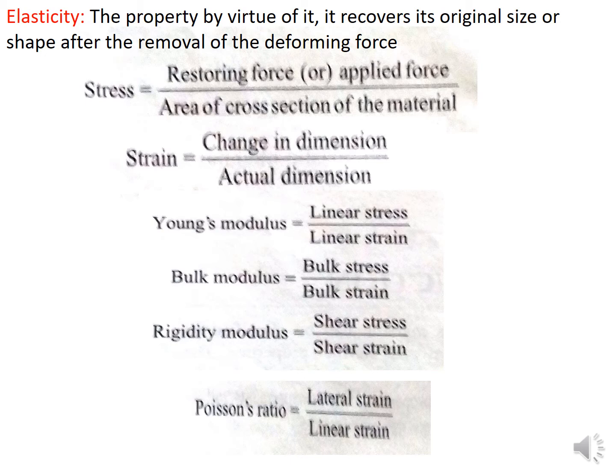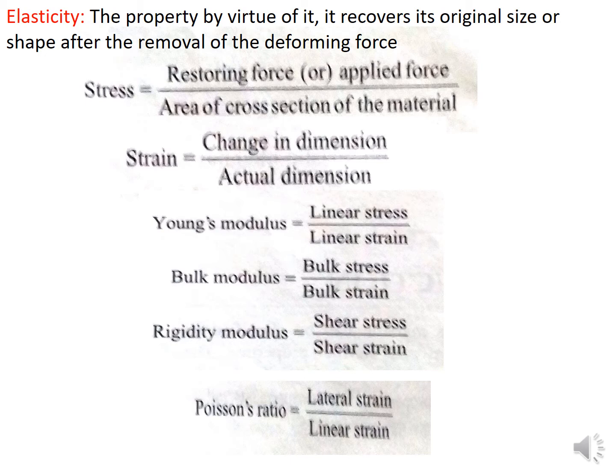Let us define the property of elasticity of the material. Elasticity is the property by virtue of which a body recovers its original size or shape after the removal of the deforming force. You know, when any force is applied on the body, it gets deformed.